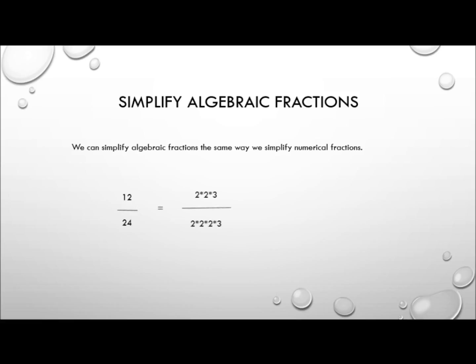So our first job when we're simplifying the fraction is to break both the numerator and the denominator down into their prime factors. That is to say, we factorise the numerator until we can't factorise it anymore, and we factorise the denominator until we can't factorise it anymore. Once we've broken down the numerator and denominator into their prime factors, we can then go ahead and cancel out any common factors.